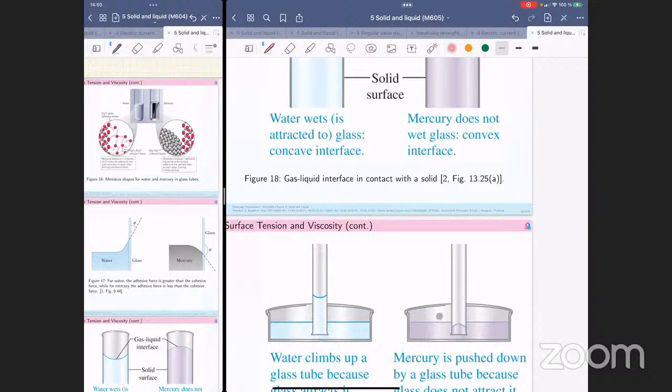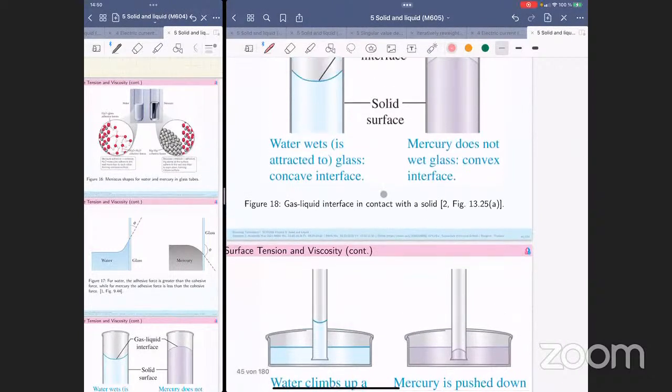Okay, and what is the reason behind it? The reason behind is as follows. As you know, the water molecule and the glass molecule have the strong adhesive force, right? The attractive force between water molecule and the glass molecule is very, very strong. So they try to pull the water up inside the capillary tube.